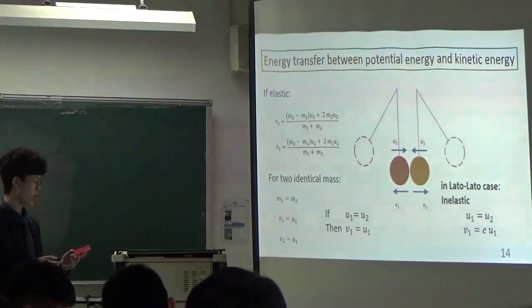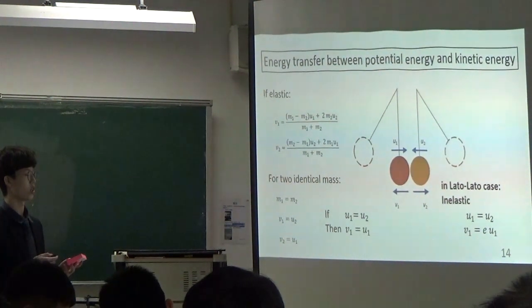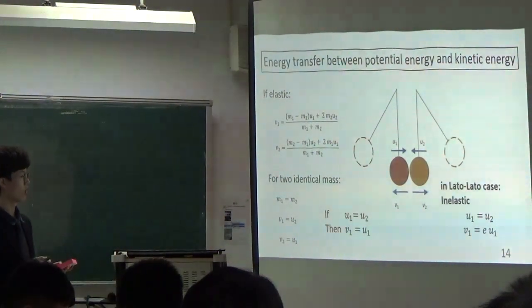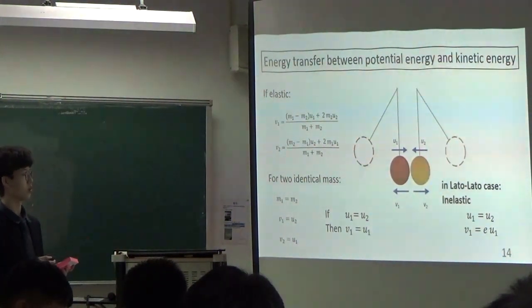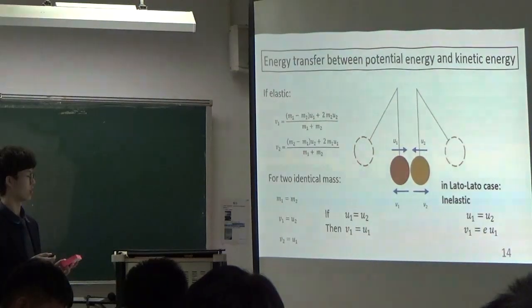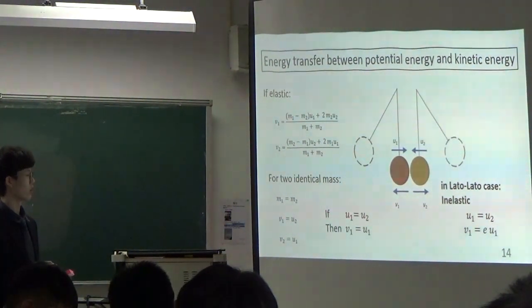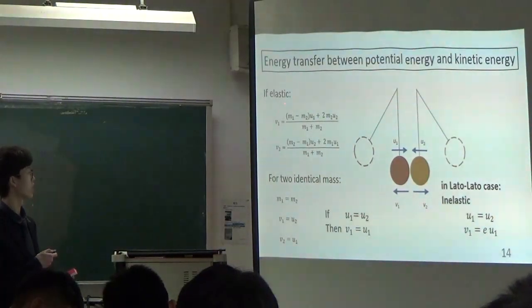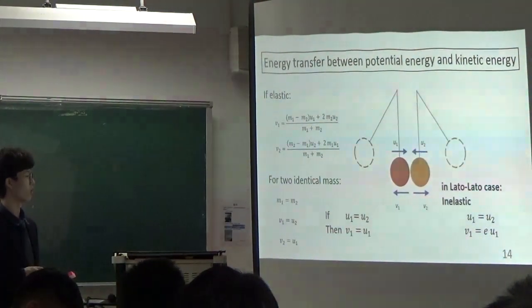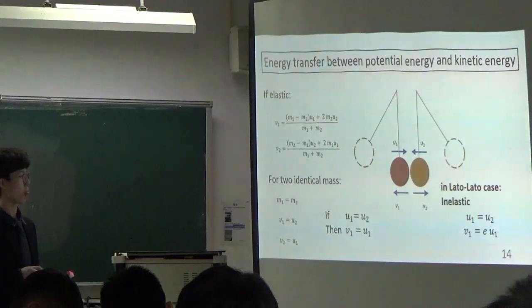And U1, U2 mean the initial speed, and V1 and V2 mean the final speed, the final velocity. If U1 equals U2, then in that condition, V1 will equal U1.